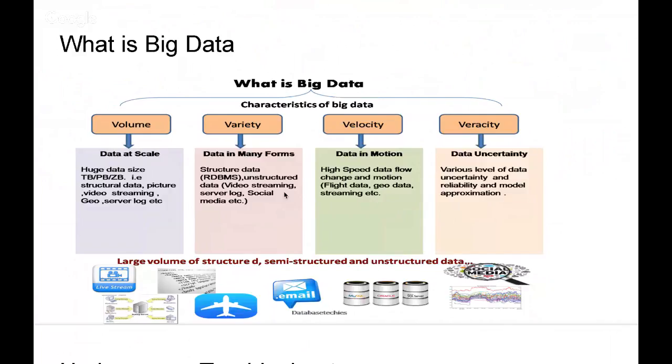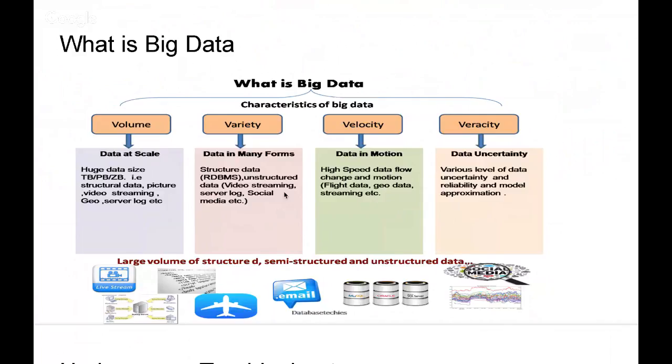As you can see in the slide, there are 4 V's here. The first one is volume, the size of the data which is coming to us. This is one of the parameters on which we can say whether data is big data or not. The second one is variety. Variety means data may come in different forms.